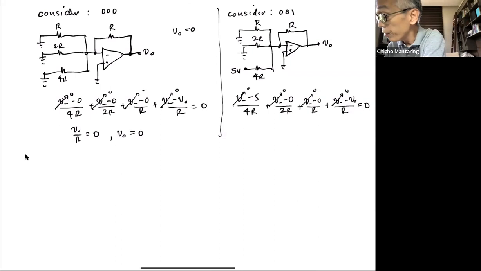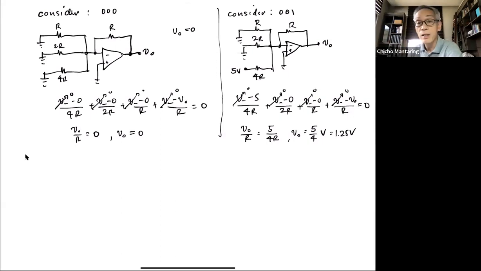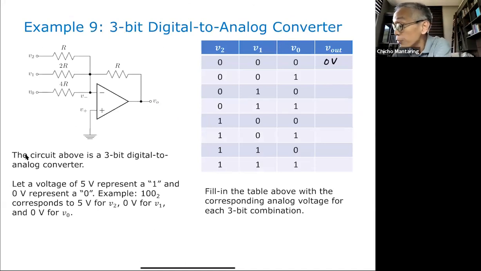So I'm going to get V sub O over R is equal to 5 over 4R, or V sub O is equal to 5/4 volts, or 1.25 volts. So here, this is 1.25 volts.